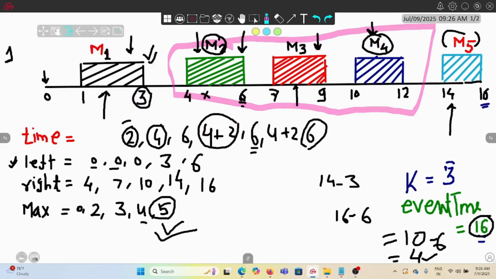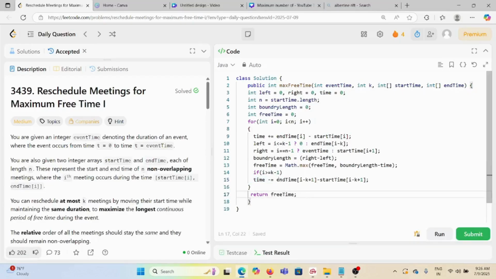So for that reason, what I am doing here is updating that if i is greater than or equal to k minus 1, at that time we are updating this time equal to whatever was the very first value, right? So we are taking i minus k plus 1. This will give us the very first value of the current window. Okay, so at that time we are deducting the meeting time of it. See here, that is why we are doing end time of this first one minus start time of it.